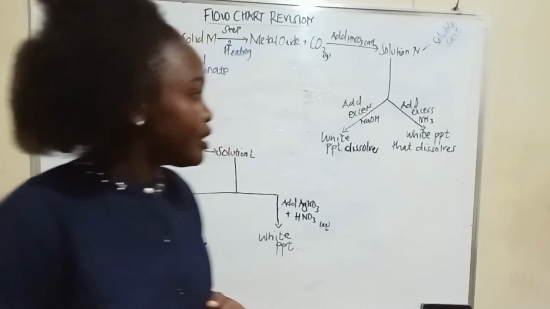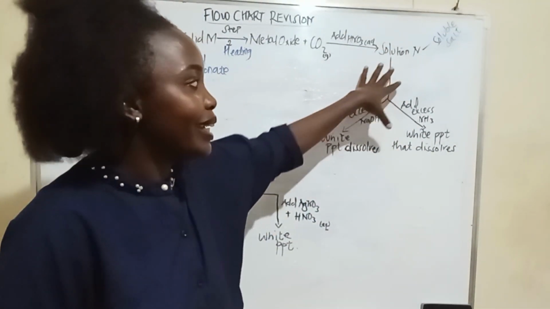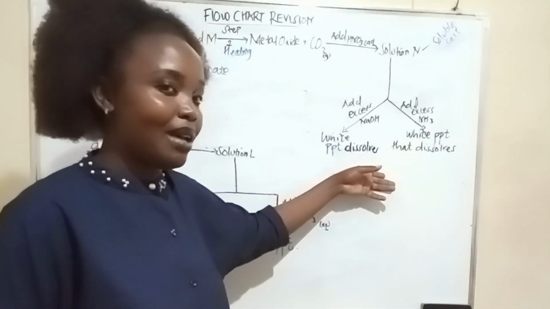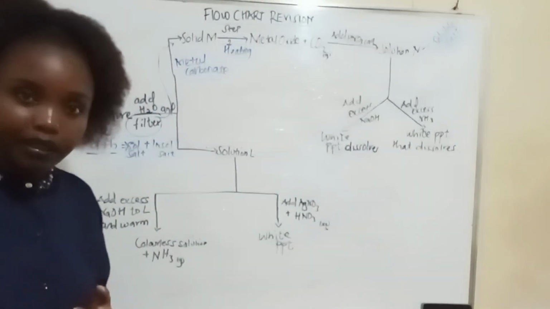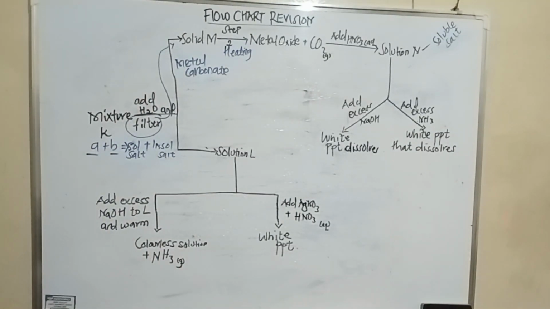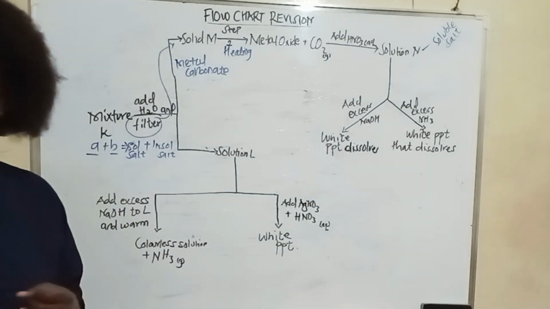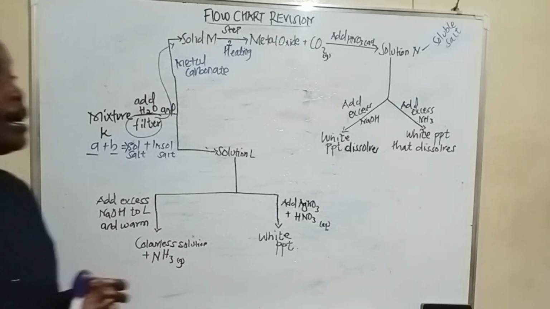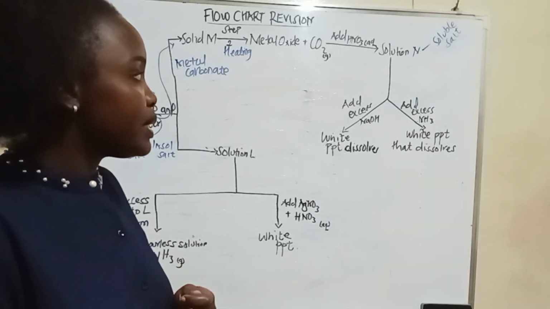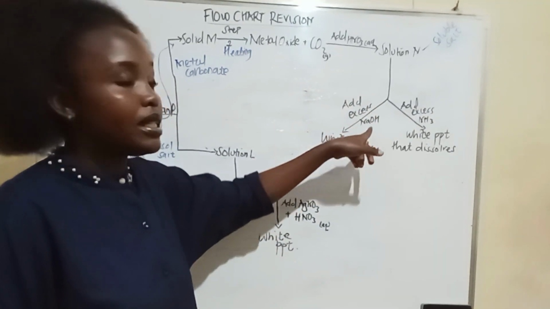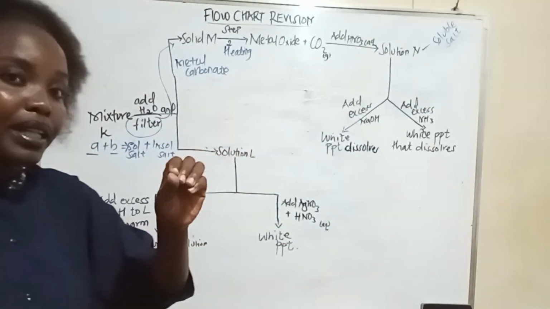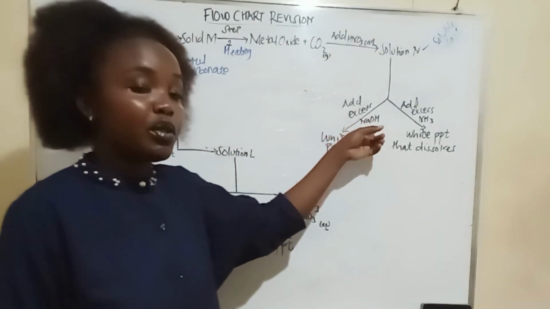So let us talk about solubility again of salts. Normally we say zinc ions, lead ions, and aluminium ions form a precipitate in few drops of sodium hydroxide.